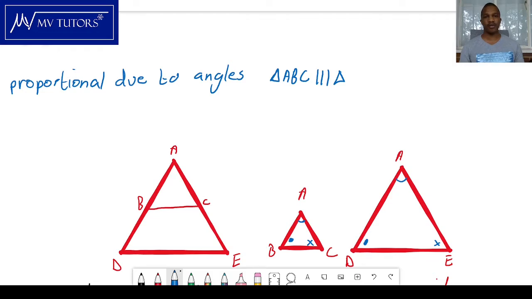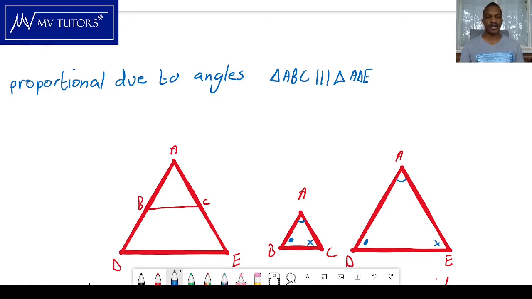On the big one, remember ABC is the small one, and then on the big one you say A and A are the similar ones, angles B and D, so I should put D in the middle, and then C and E are similar, so I put E here.